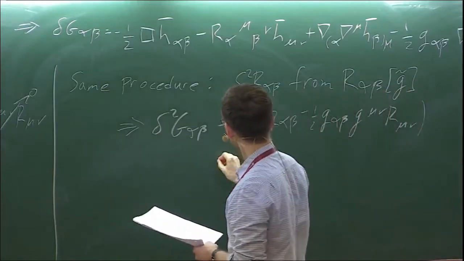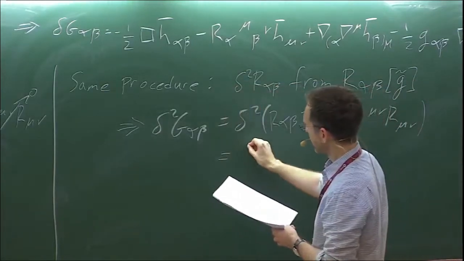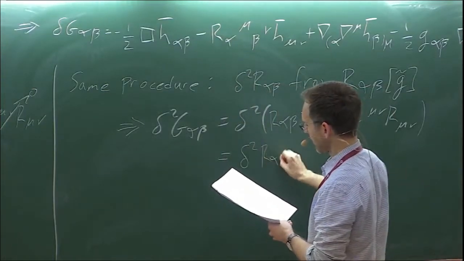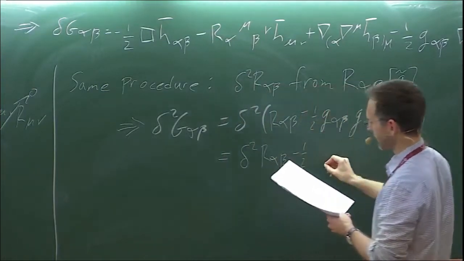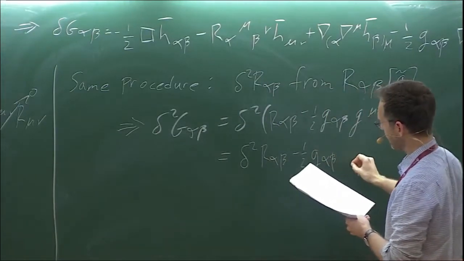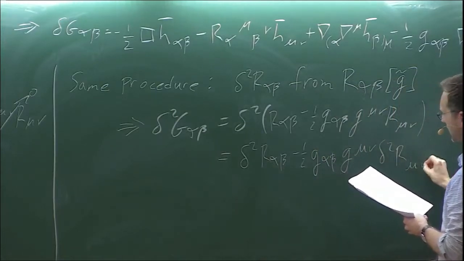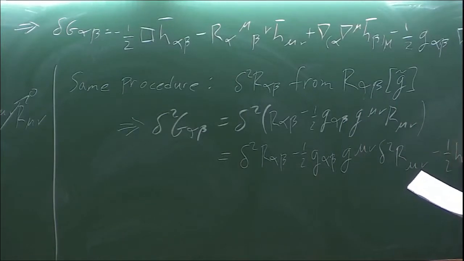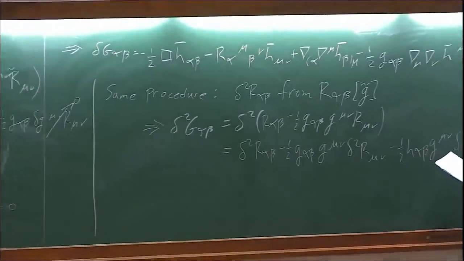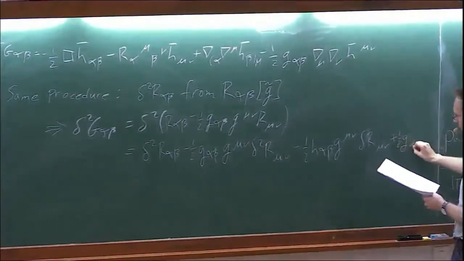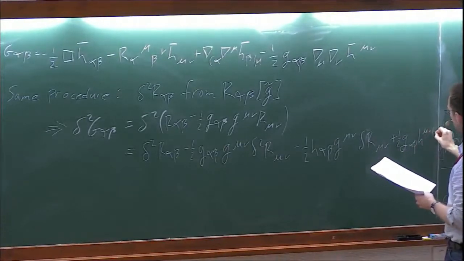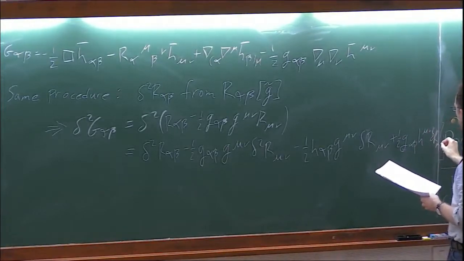And what comes out is delta squared R alpha beta minus a half g alpha beta g mu nu delta squared R mu nu minus a half h alpha beta g mu nu delta R mu nu plus a half g alpha beta h mu nu delta R mu nu.